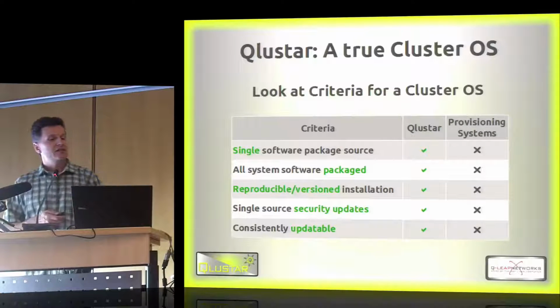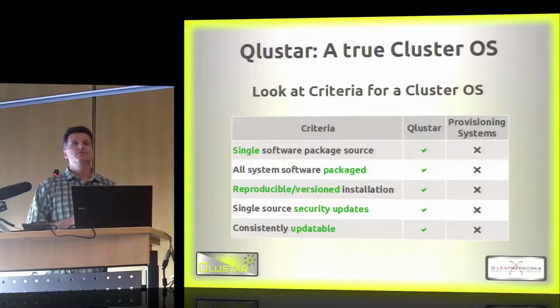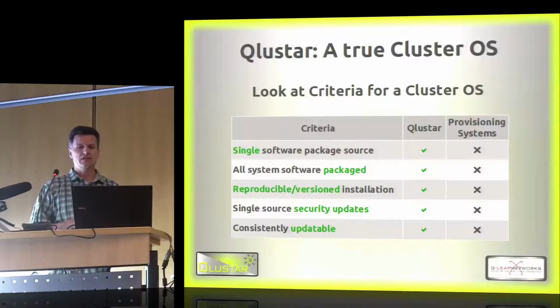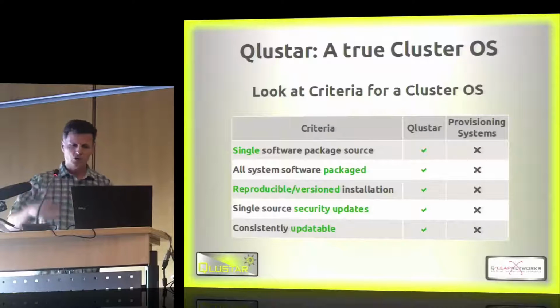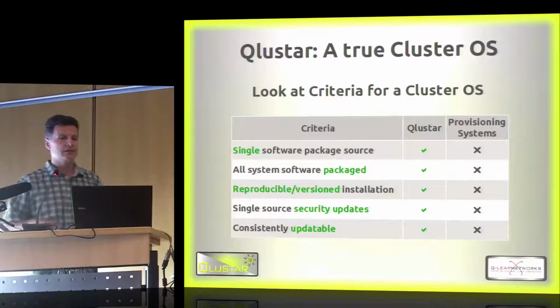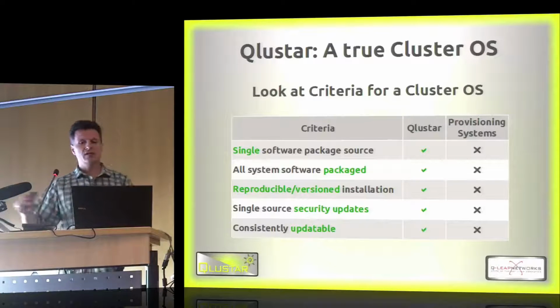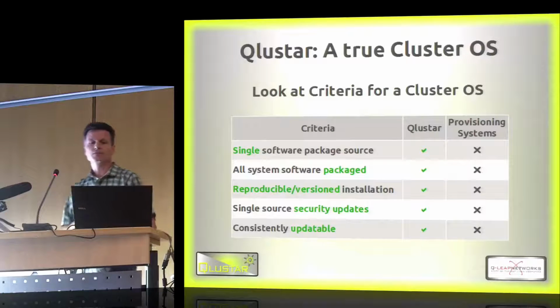The next criterion is whether there is a reproducible and versioned installation once you've set up your system. Again, Qlustar is completely reproducible up to the images that you install, because it's all coming from versioned packages, etc., with change logs down to the file level.